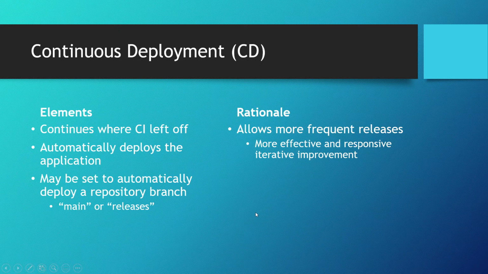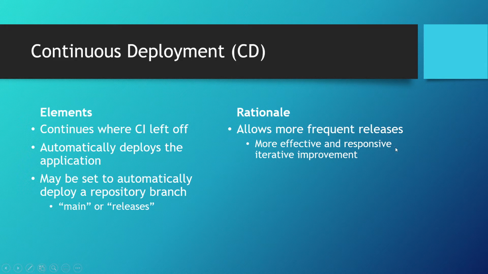Next, we have the continuous deployment, or CD, part of CI/CD, and this continues where CI left off by automatically deploying the application. This might be set to automatically deploy a branch of the repository, for instance the main branch or a dedicated release branch, or it might be set to deploy on a schedule.